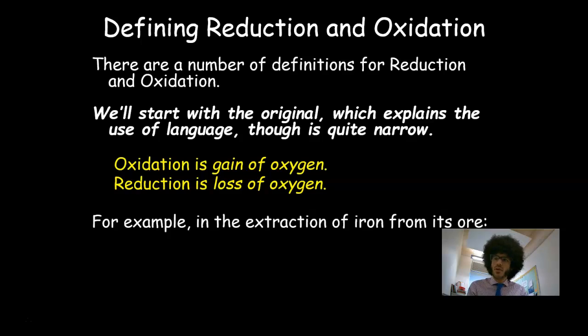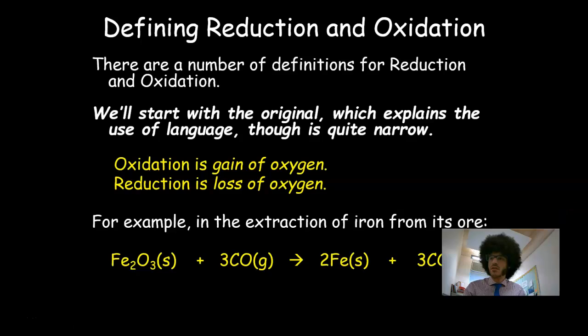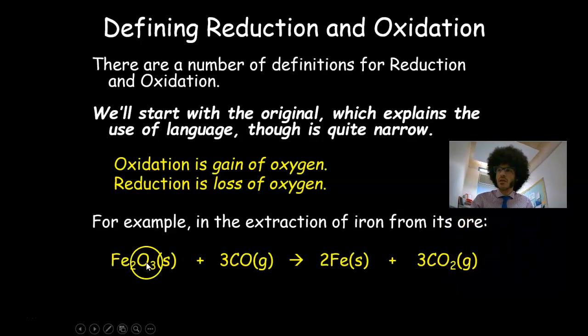As an example, let's have a look at the extraction of iron from its ore, which looks a little bit like this. If you look at this reaction, I've got iron oxide here, and at the start there's lots of oxygen attached to the iron. But as the reaction proceeds, it loses oxygen.